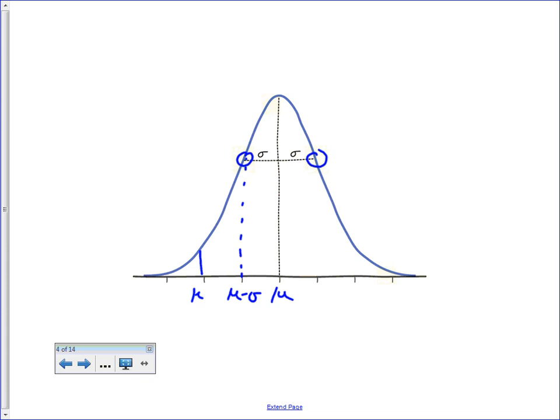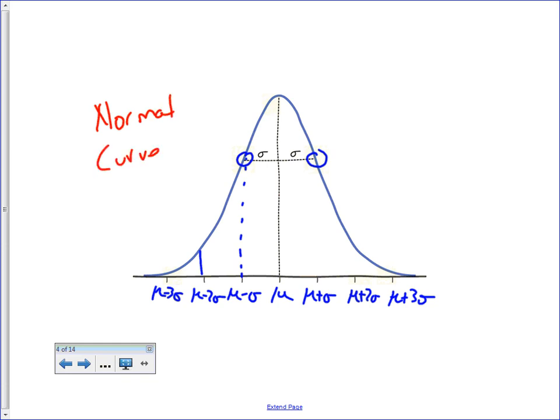So this is going to be mu minus 2 sigma. This will be the mean minus 3 times the standard deviation. And this will be the mean plus the standard deviation, the mean plus 2 times the standard deviation, and the mean plus 3 times the standard deviation. And these points are standard, is how it works on any normal distribution on the normal curve.